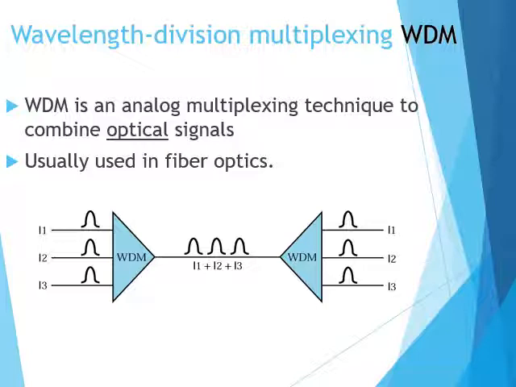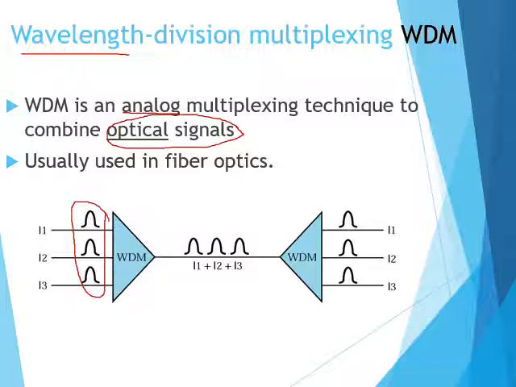Now we are going to discuss wavelength division multiplexing, the second technique for analog signals. WDM is an analog multiplexing technique to combine optical signals. It is usually used in fiber optic cable, where the signal is in the form of light.